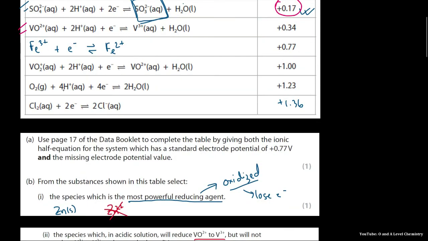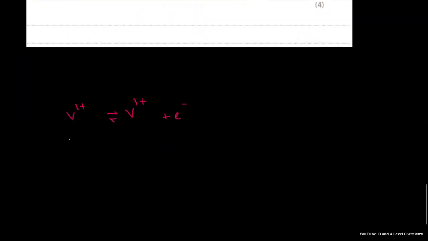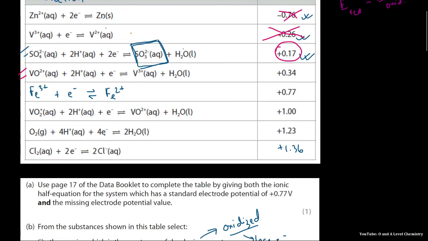And the oxygen's half equation is this. The oxygen in the air is being reduced. So O2 plus 4H+ plus 4e-, so I'm going to write this down.